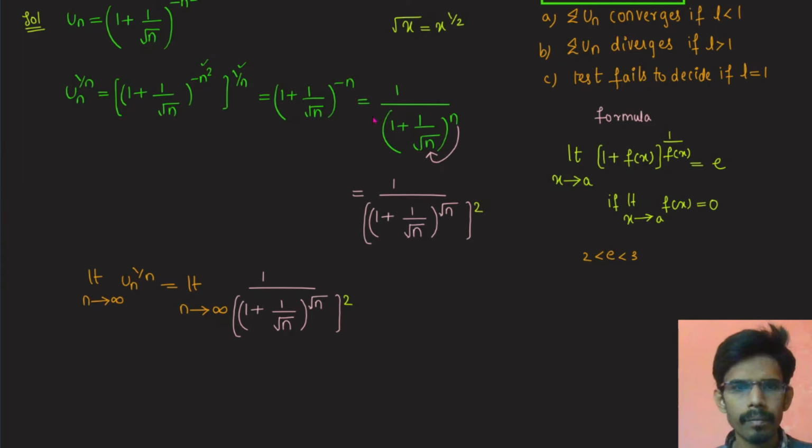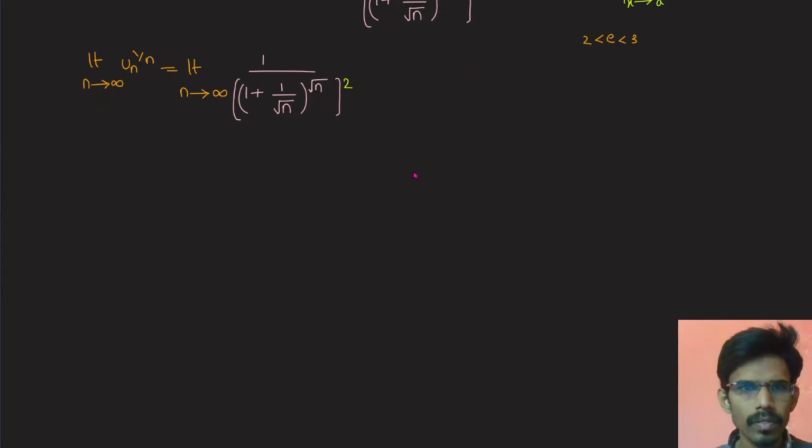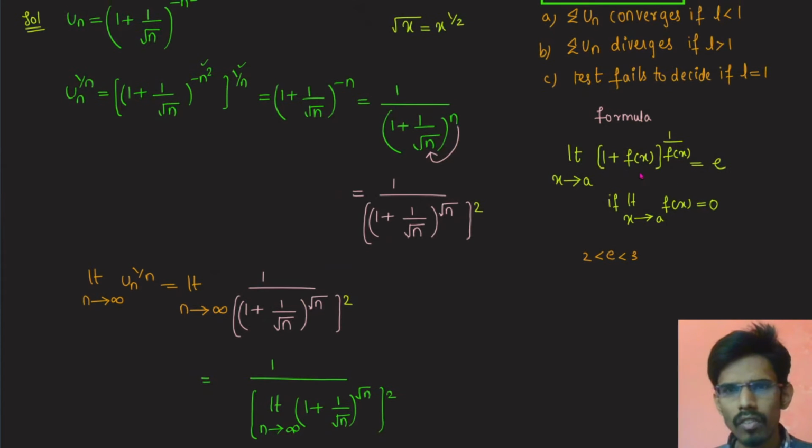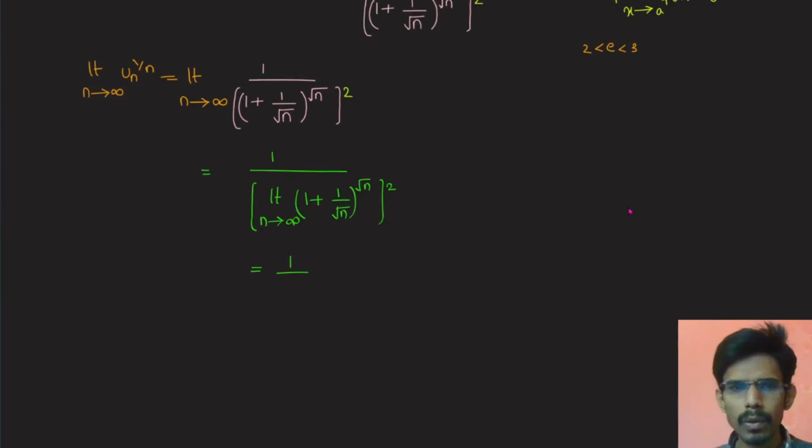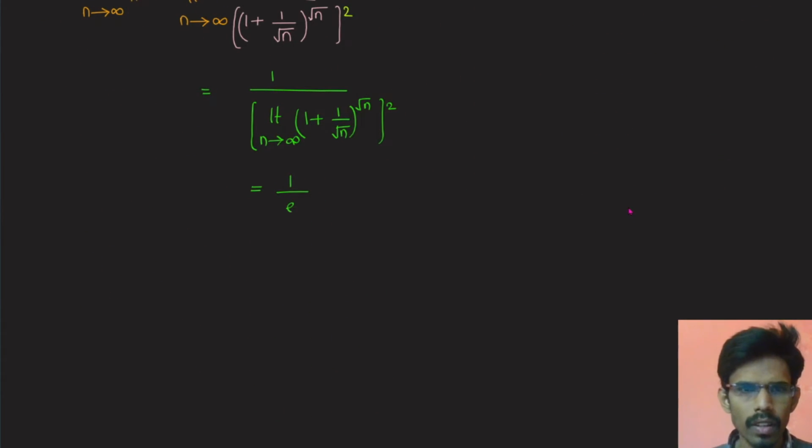Now apply the limit, this will become 1 upon limit n tends to infinity 1 plus 1 by root n whole power root n whole square. So this will become 1 by limit n tends to infinity 1 plus f of x power f of x. 1 plus f of x power 1 by f of x value is e. Here we have square, so this will become e square.